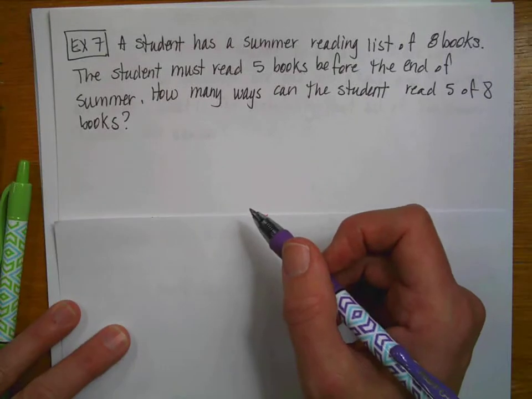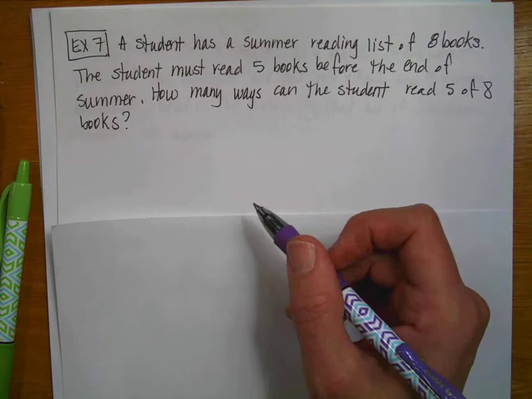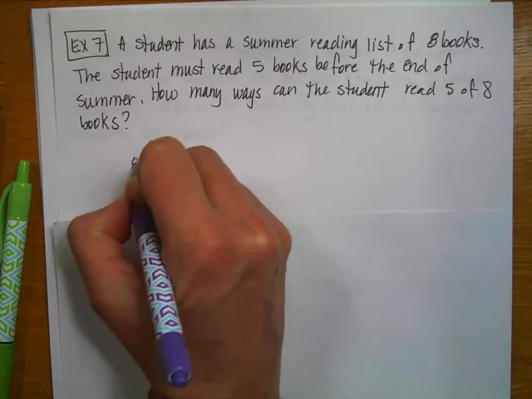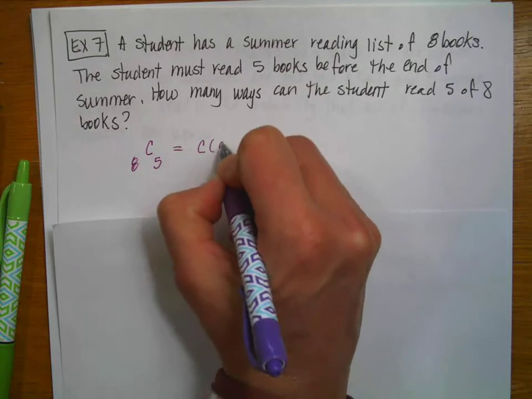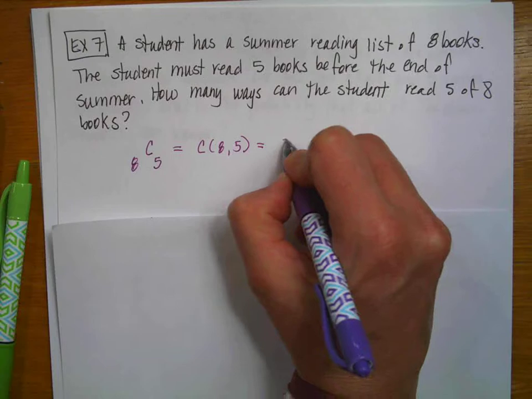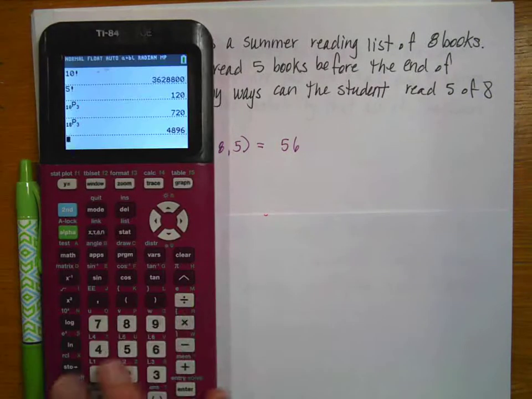You have to read the books, and because you're procrastinating and instead of reading, you're doing some math, we're going to talk about how many ways I can read those books. So this is the combination. There's 8 books total. I have to read 5. And again, the book likes to use the notation 8, 5. And if you push buttons on your calculator, that's going to give you a 56.